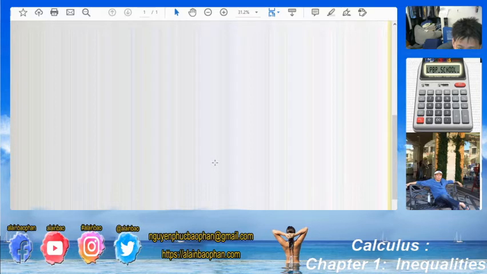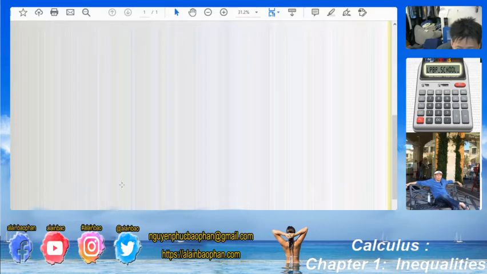Okay, so for the first interval from minus infinity to minus 4, you just pick any number like minus 5, and you substitute in this.